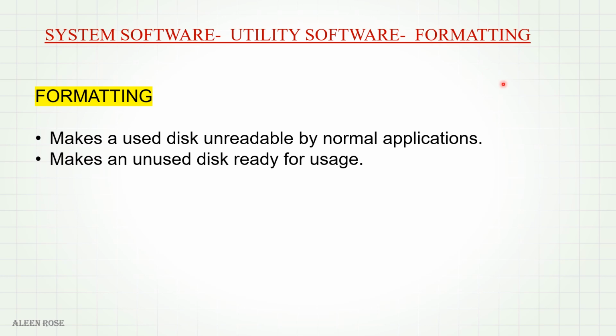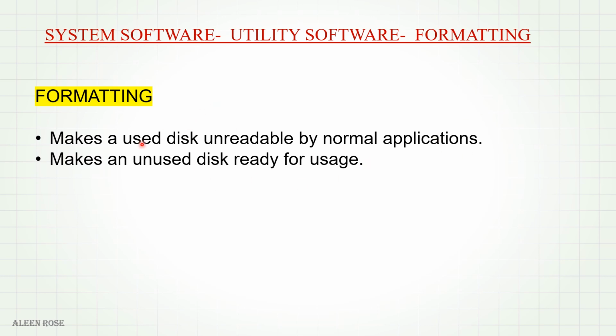Let's move on to the last type of utility software, which is formatting. We format the hard disk, we format the phones. Formatting means deleting all data or making the data unreadable by normal applications.